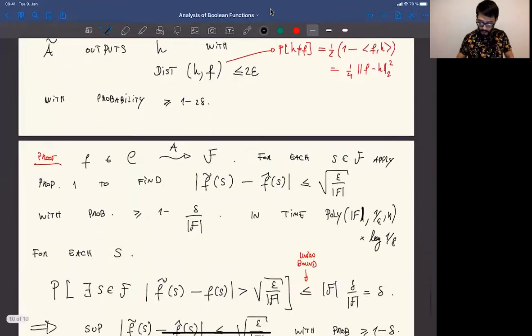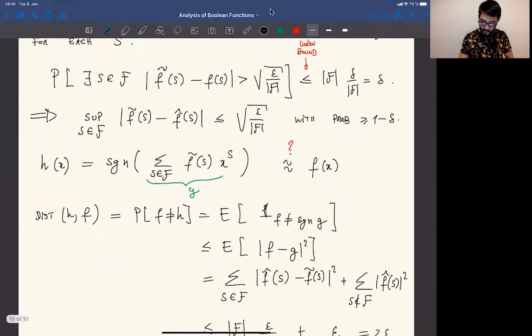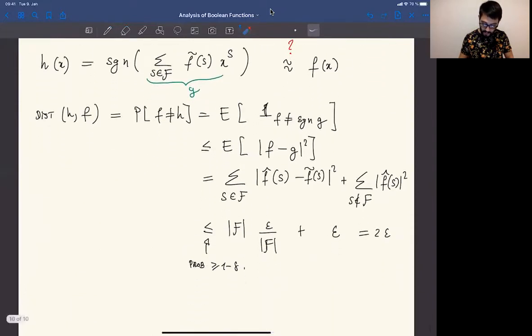Okay. Why? Because, well, we just produced something with probability greater or equal than 1 minus delta, but in the final inequality, this bound here works for probability greater or equal than 1 minus delta, and this bound here works for probability greater or equal than 1 minus delta.